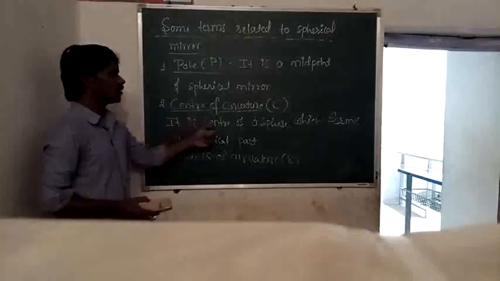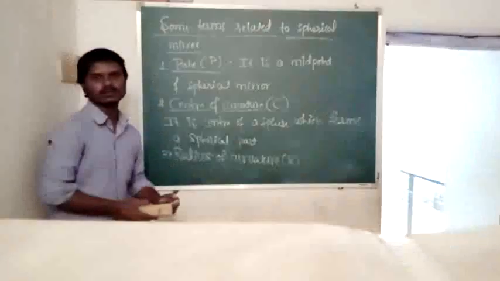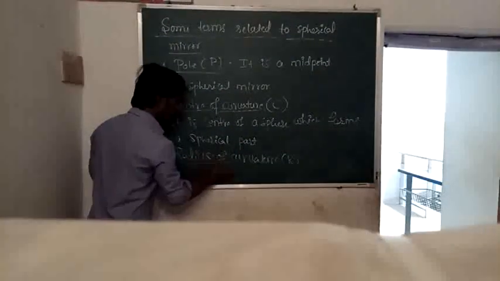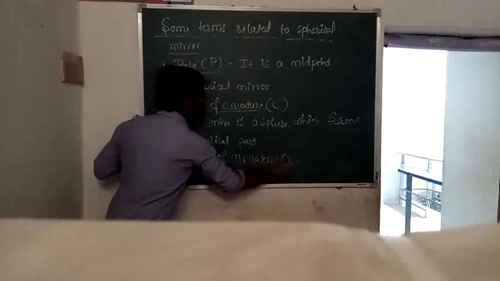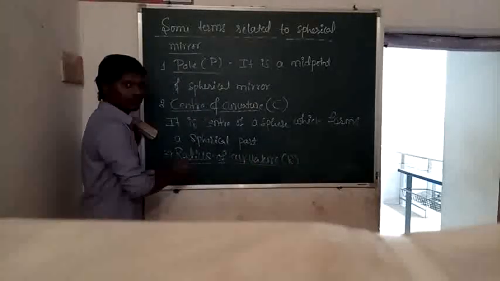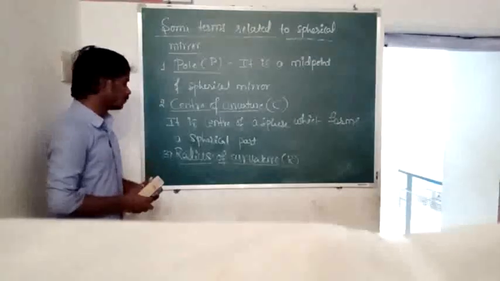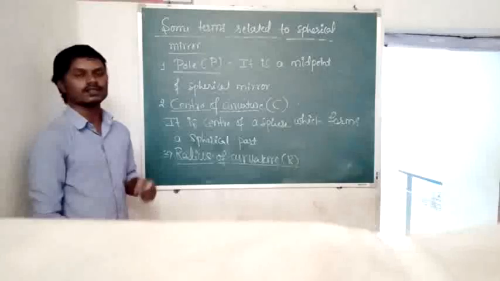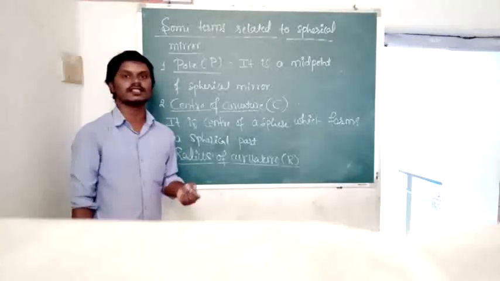It is the radius of a sphere which forms a spherical part. I hope you will note this down. Some other terms are there, and we will discuss them next.